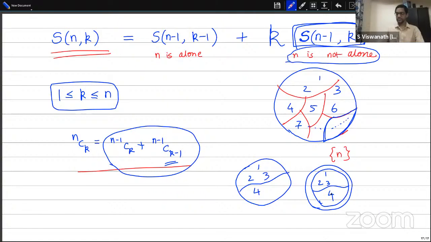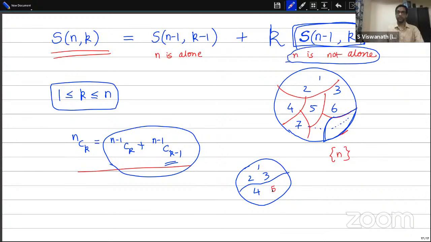So is this final argument clear? What I'm saying is imagine I have a certain partition of 1 to 4, and now from this I want to construct a partition of 1 to 5. I can put the 5 either here and get a certain partition, or I can put the 5 here and get a new partition.